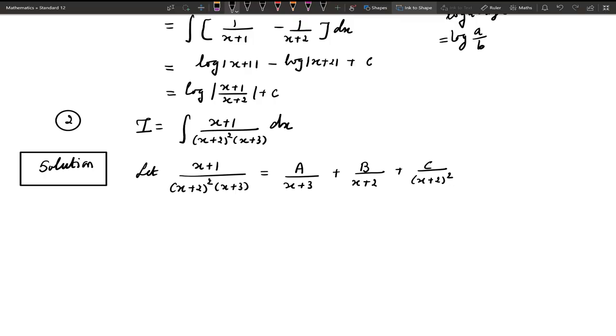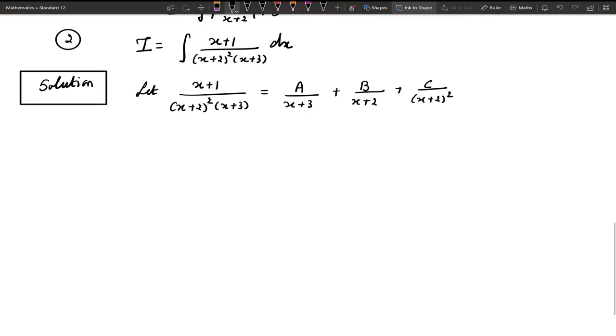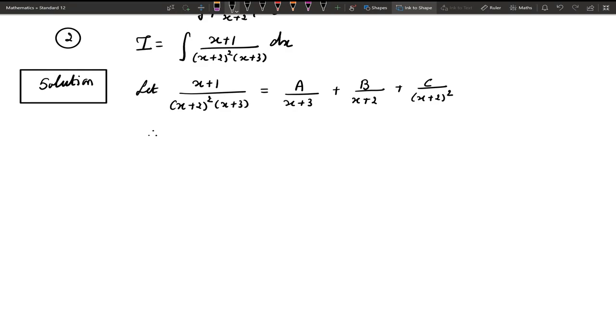So now let us find the unknowns a, b and c. On the right hand side, when we take the LCM, we will get a into (x plus 2) whole square, b into (x plus 3) into (x plus 2), plus c into (x plus 3). To find the unknowns a, b and c, we will use a combined method, method 1 and 2.